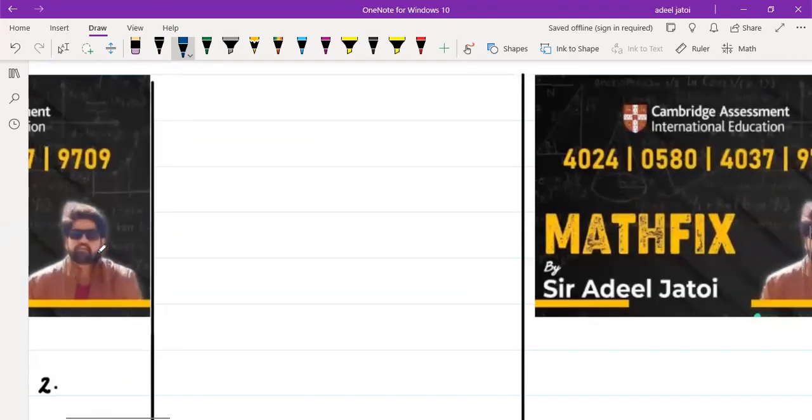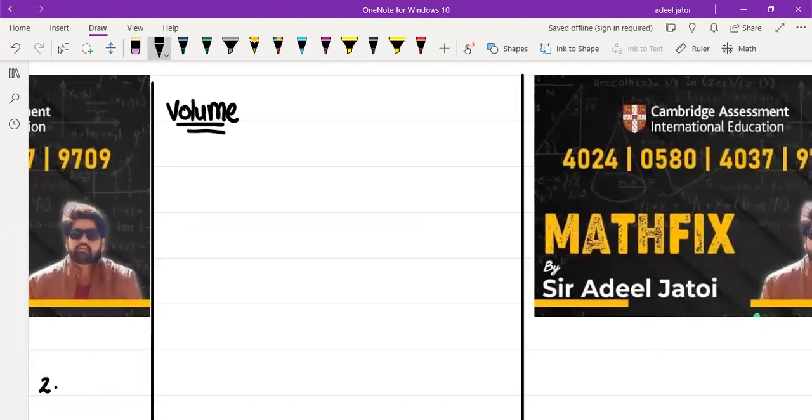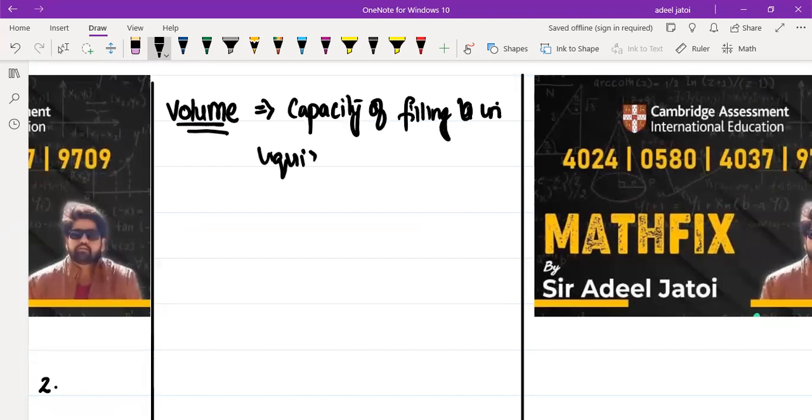Now, with response to this and the 3D figure, there is a possibility that the examiner will ask you to find out the volume. Now, what does volume mean? The capacity of filling in, let's say liquid, or anything, that is how much the container has the volume in it, or how much the cylinder can carry.